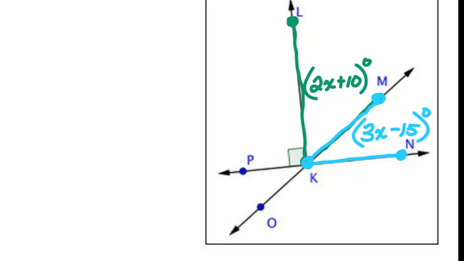I want to pause right there for just a second. What do I know based on the picture about those two angles when I put them together? This angle and this angle. When I put those together, they're 90. They're complementary. How do I know?